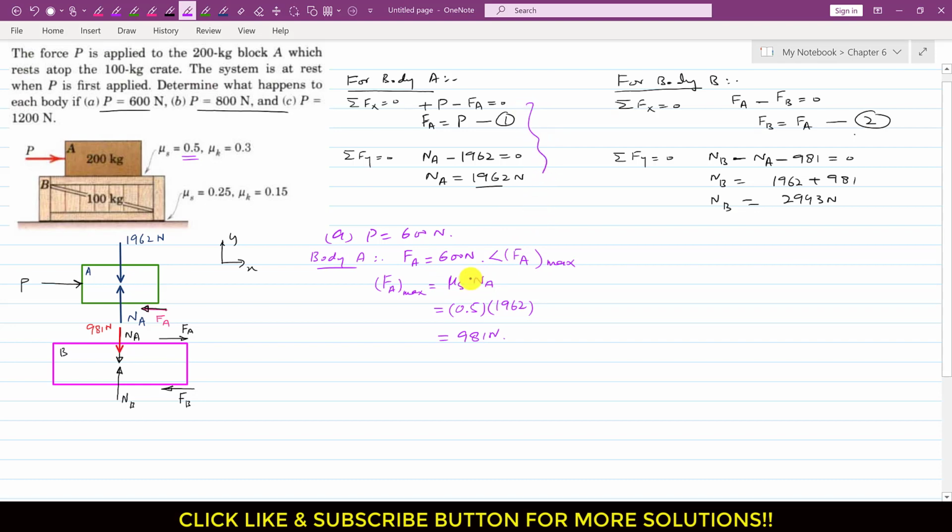So if Fa is less than Fa max, block A is in static equilibrium. In other words, body A is at rest. So we conclude that for part A, when P is equal to 600 newtons, body A is at rest.